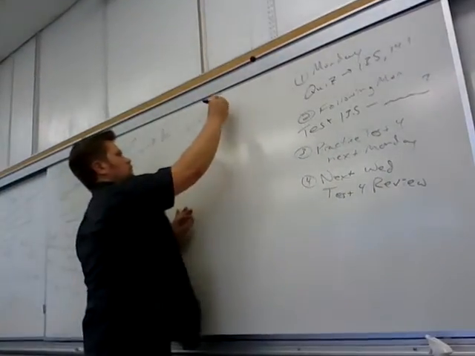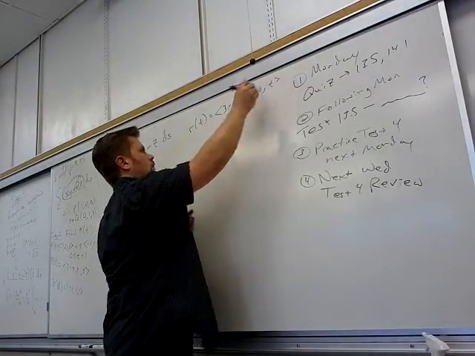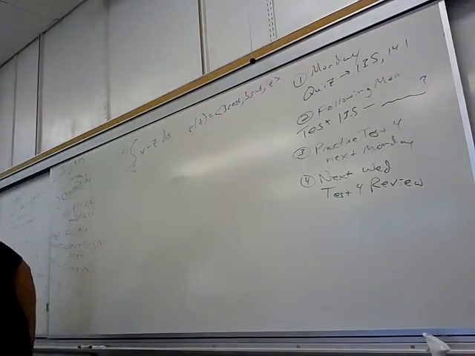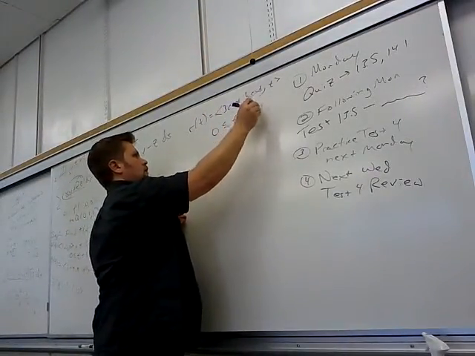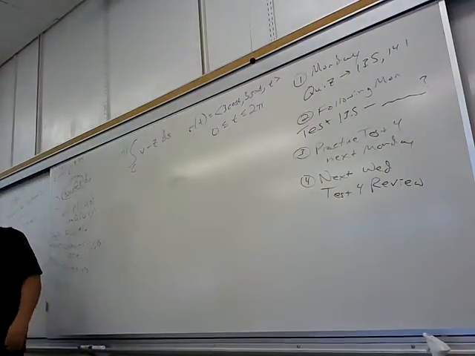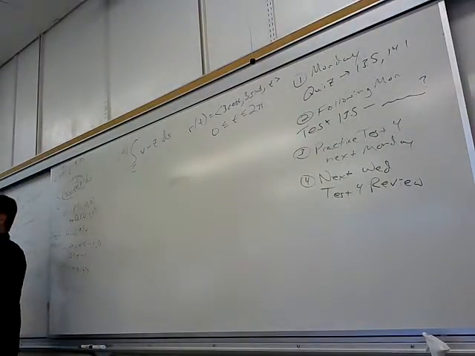Cosine... t is 0 to 2 pi. Okay, so I don't know if you guys remember, 3 cosine t, 3 sine t by itself makes what shape? Circle of radius 3, because you square those and then take the square root. You guys with me?